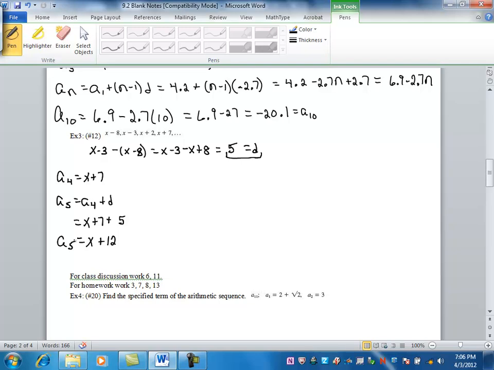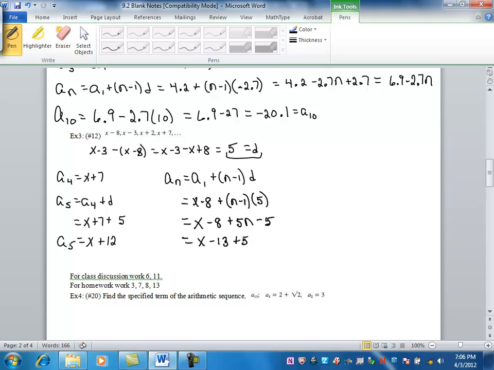We about forgot to find our nth term. Let's see here. A sub n equals a sub 1 plus n minus 1 times d. Well, our first term is x minus 8 plus n minus 1 times d, which is 5. So we've got x minus 8 plus 5n minus 5. We've got x minus 13 plus 5n.